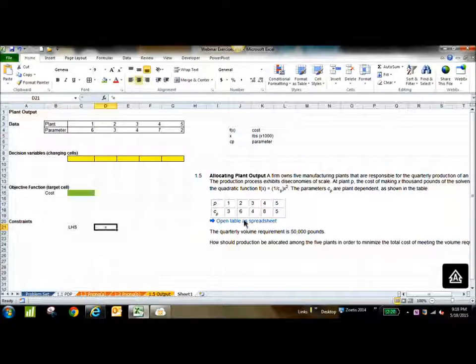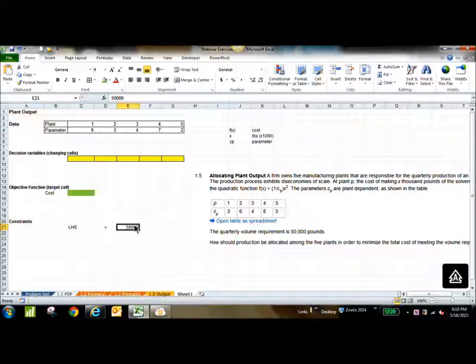It's not less than or greater than. It is 50,000 pounds. So what I'm going to write here is 50 or 50,000, whichever. If you scale it down to 50, it doesn't matter. I will accept any of those solutions. So I know the requirement is 50,000.